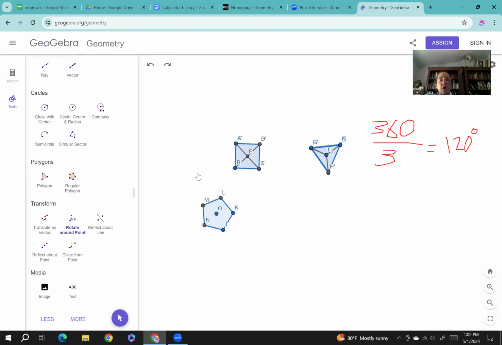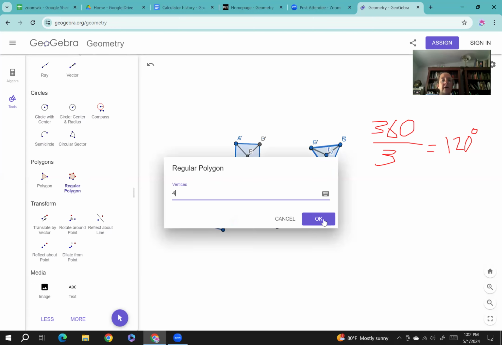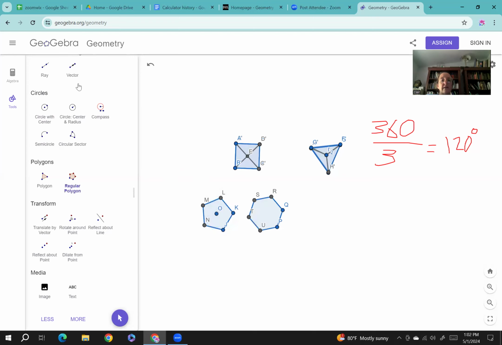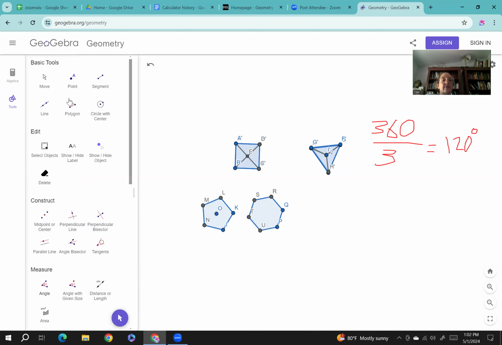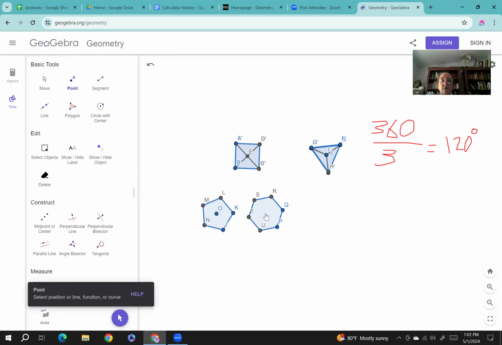But instead of trying something with an odd number of sides, we could try a regular polygon with an even number of sides. So why don't we try the regular hexagon? We put on the center of rotation.